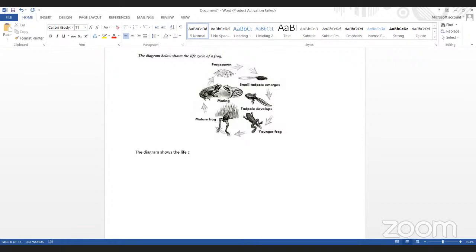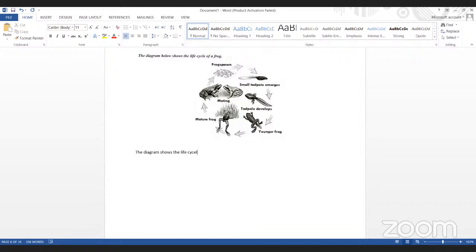You need to write about 5 stages. So when you write about a natural process like this, when you are writing something like this, don't worry. There's no need to do a comparison. You need to flow through it, right?